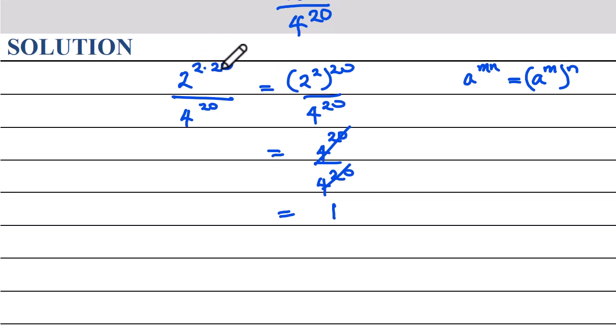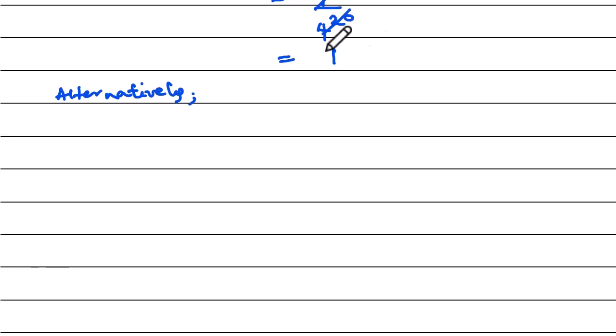So I worked with the power of the numerator. I could as well work with the base of the denominator. So alternatively, I could say 2 raised to power 40 divided by 4 raised to power 20 is equal to, retain what you have at the numerator, which is 2 raised to power 40, and then break down the 4.